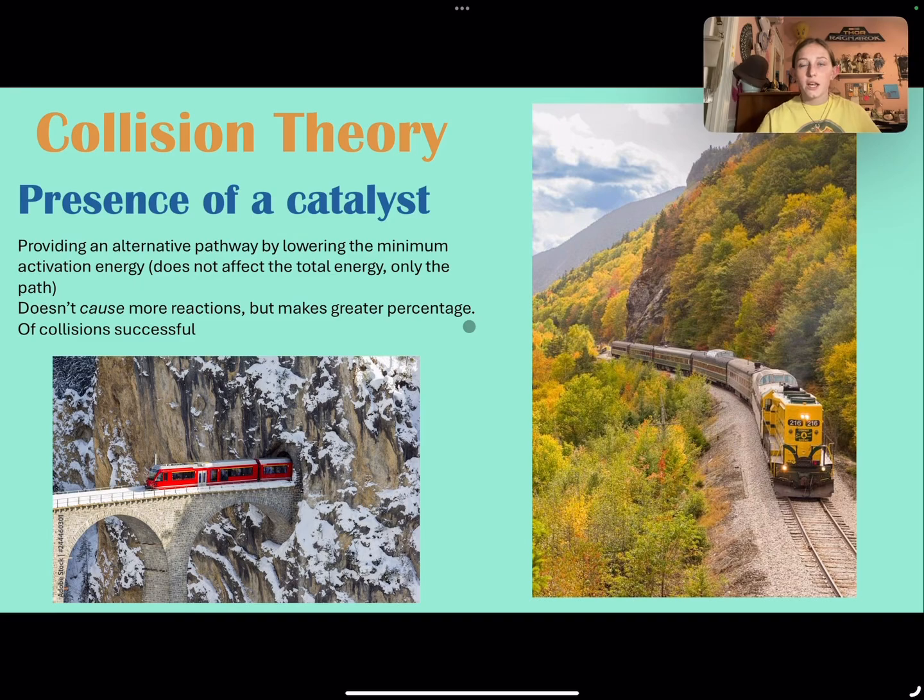So a catalyst doesn't necessarily cause more reactions, but it makes a greater percentage of collisions successful. And it does not affect the total energy, only the pathway taken. So it only affects the threshold it has to cross in order for the reaction to occur by lowering the activation energy.